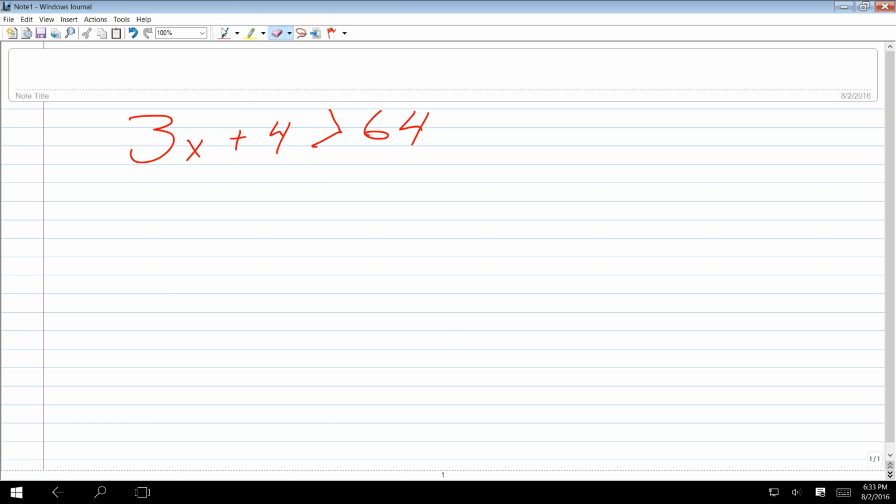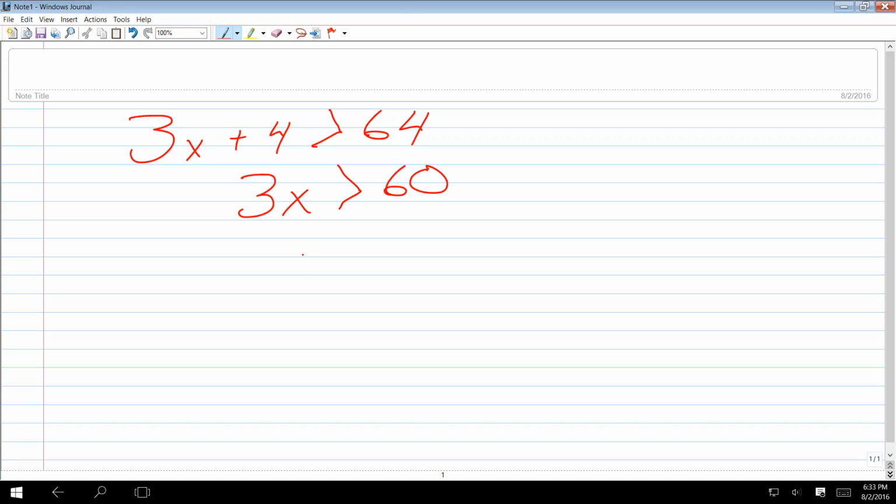The way you solve an inequality is pretty similar to the way you solve an equation. In other words, you subtract 4 from each side, and then you divide each side by 3. So the next line would be 3x is greater than 60.